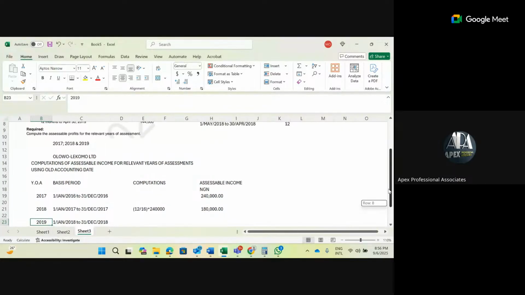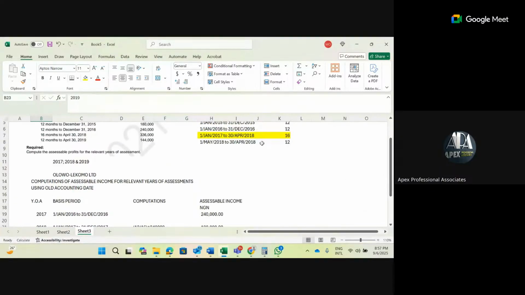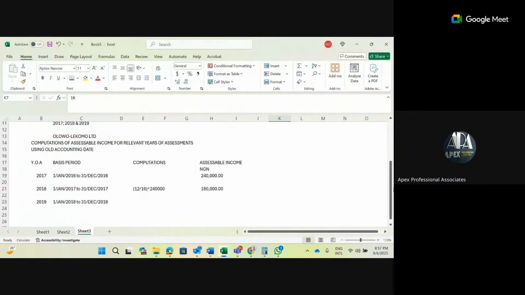This one is split in such a way that we are going to get 1st of January 2018 to 30th of April 2018 in the profit of 16 months. How many months is that? That is 4 months. So let me show it like this. 1st of January 2018 to 30th of April 2018.